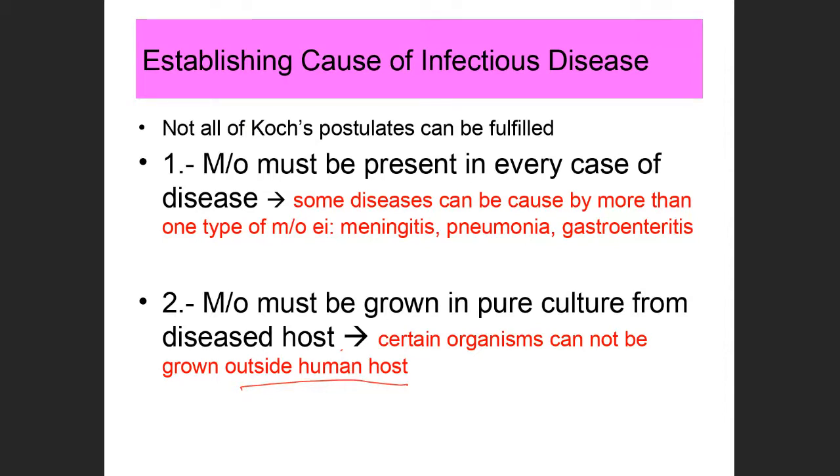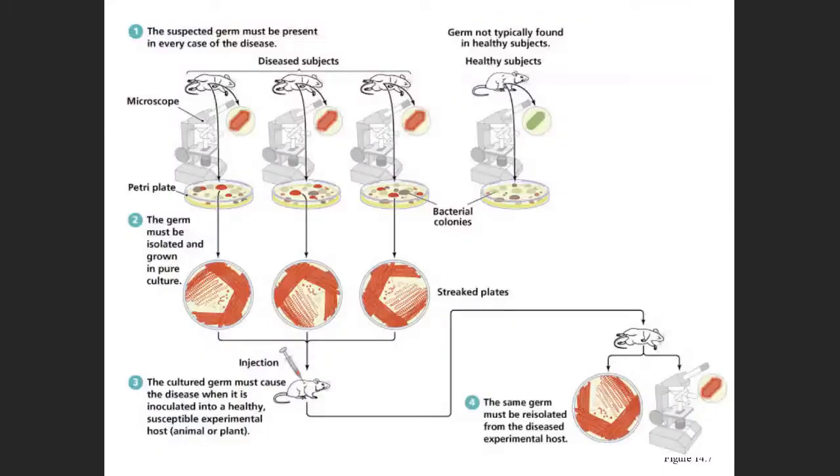For example, the organism that causes syphilis has not yet been grown in the laboratory. The organism that causes leprosy has not been grown in the laboratory. The organism that causes tuberculosis is very hard to grow in the laboratory. So we would not be able to do this right here.